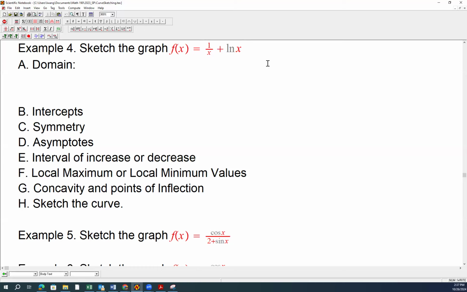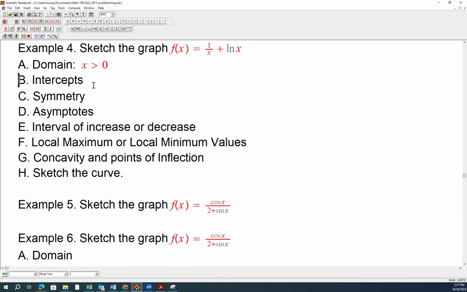In this case, x is larger than 0. The function is not even defined elsewhere, so the graph is only going to be to the right of the y-axis. It's very important that we have this domain observation.